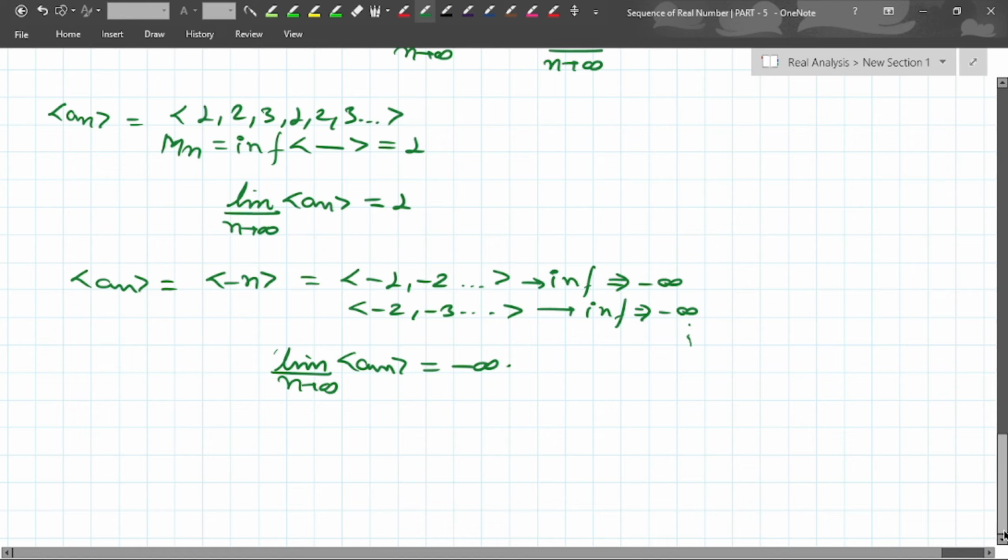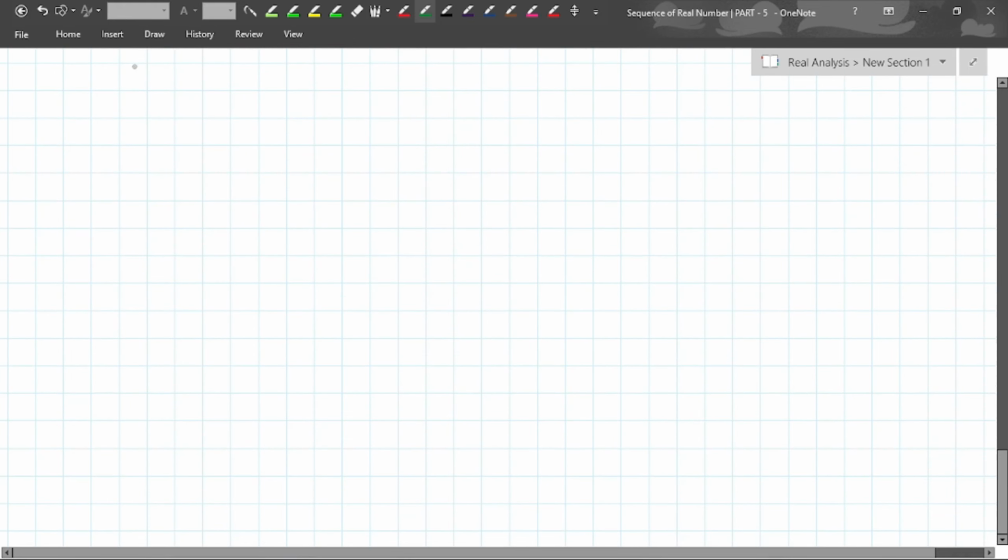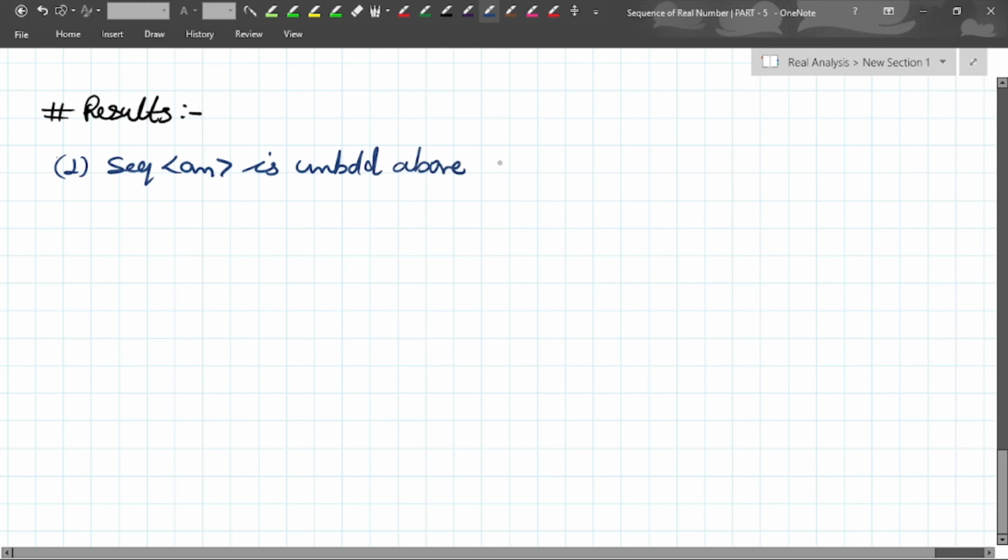Next, we will discuss some important results that will be very helpful for you. First result: if the sequence an is unbounded above, it implies, and is implied by, the limit inferior of an being infinity.